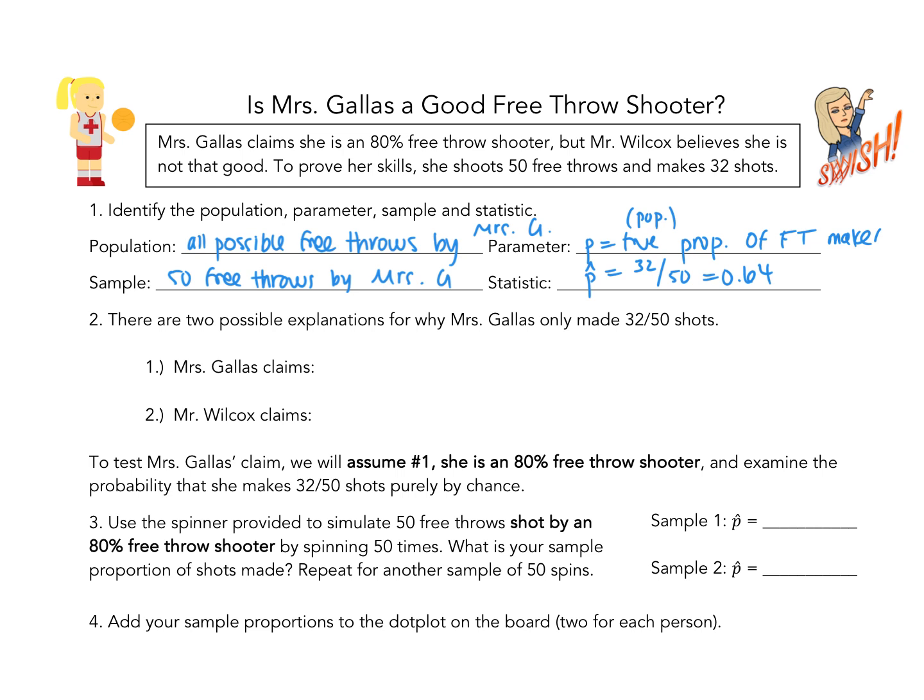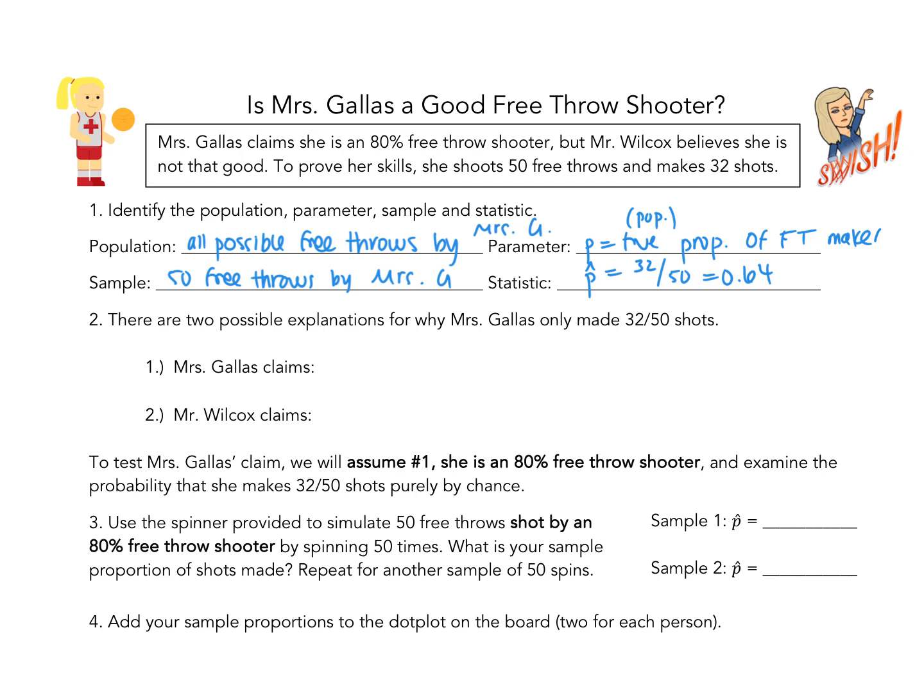Okay, so she claims that she makes 80% of the free throws. When she shoots 50 times, she only makes 64%. What are the two possible reasons why she would only make 64% of the shots? We've talked about this. Give me one of them. Sample variability. Right. She really is an 80% free throw shooter, and she just happened to have a bad day.